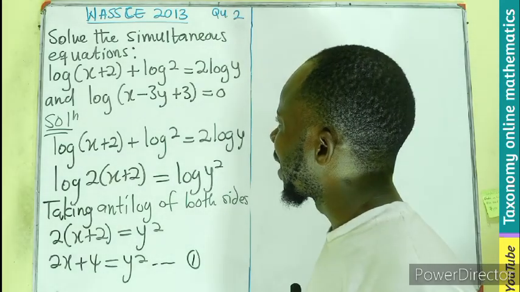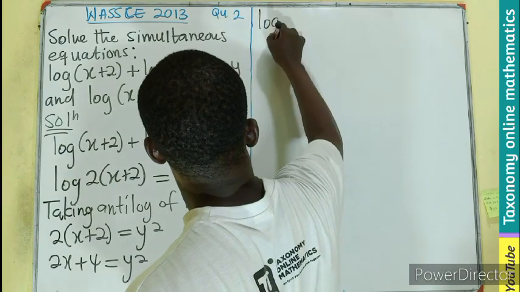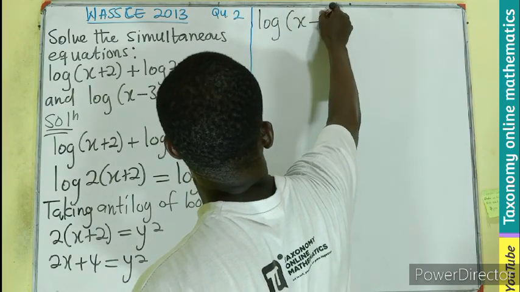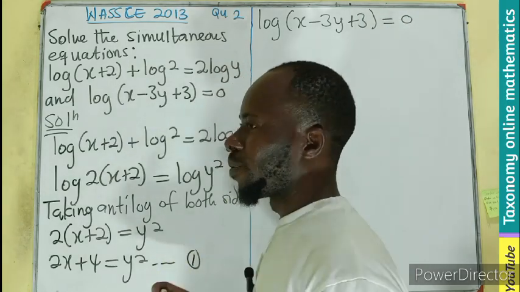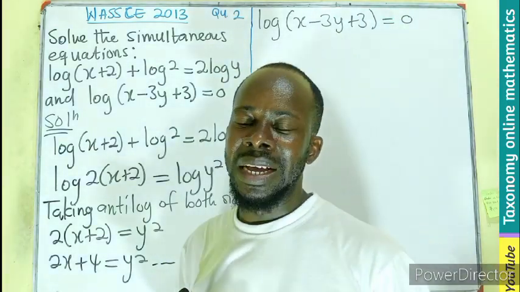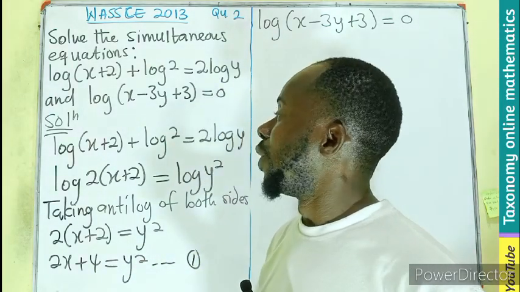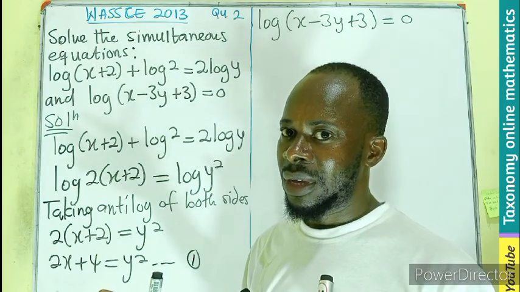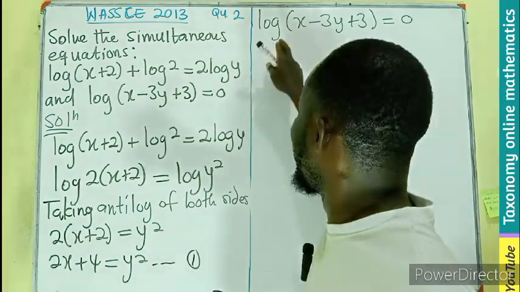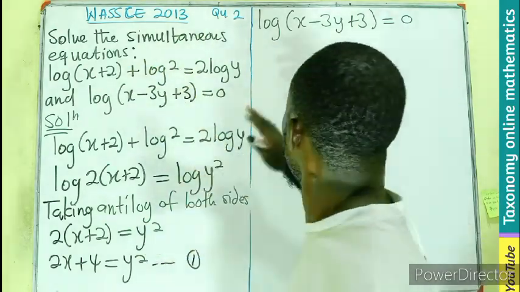Okay, let's take the second. This is also going to be the log of x minus 3y plus 3 is equal to 0. You remember under the properties of logarithm, we know that if I have a logarithm of 1 to any base, it will be 0. So since the base is already 10, it means log 1 base 10 will give you 0.